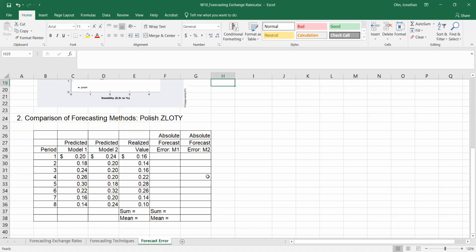Look at this here, the realized value. If it is 0.20, then I could get 5 zloty, right? But if it is like 0.26, for the $1 that I give, I get only 3 zloty. You see what I mean?